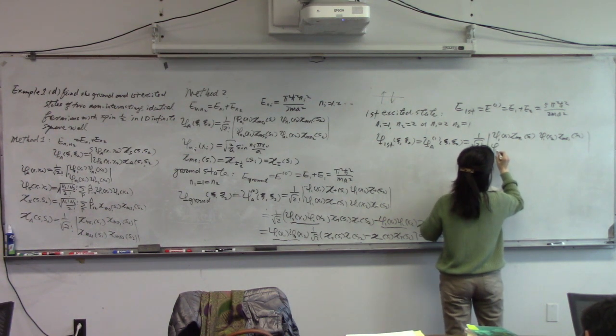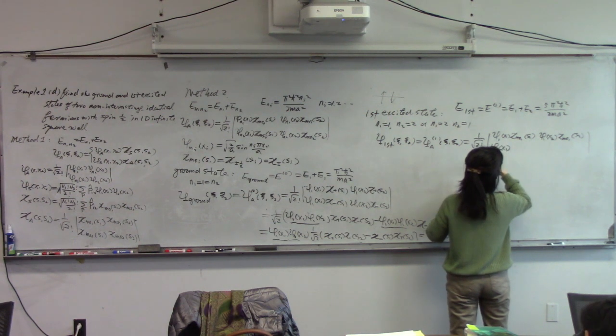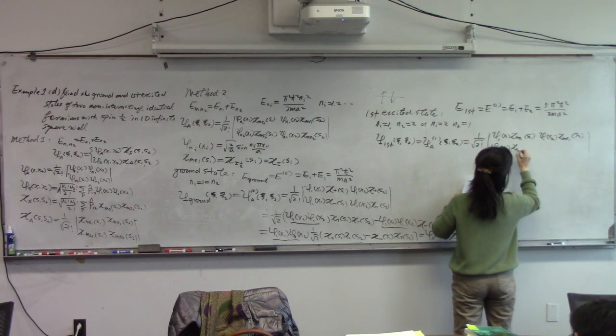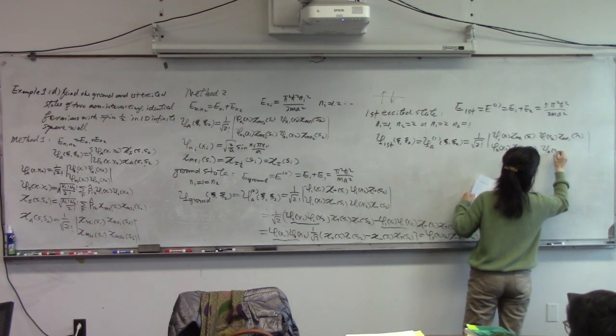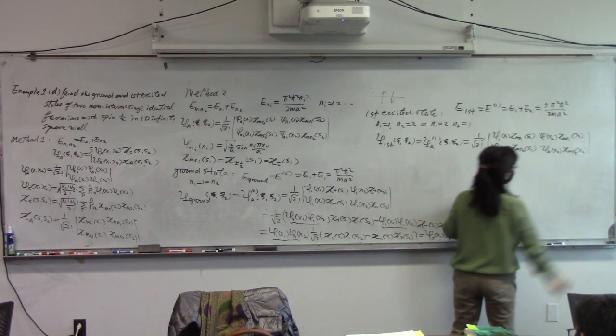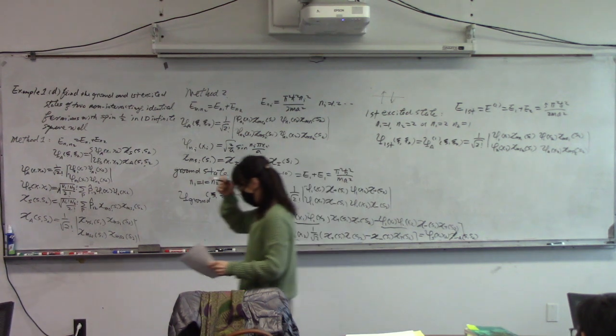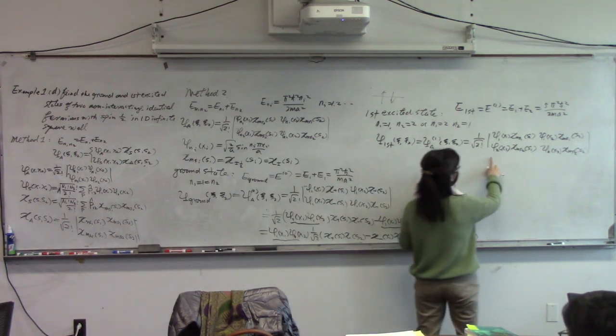And n2 is 2, the second row. Another state. So here the notation is slightly different from the textbook, but I just want to use this more general.